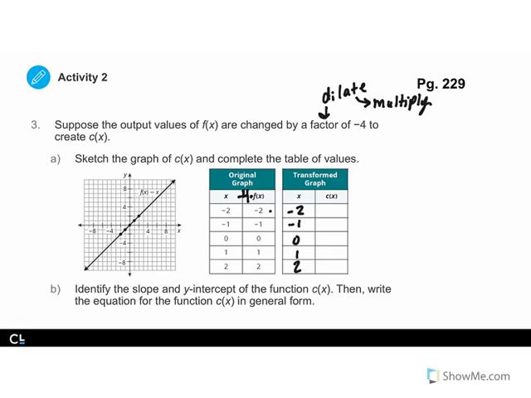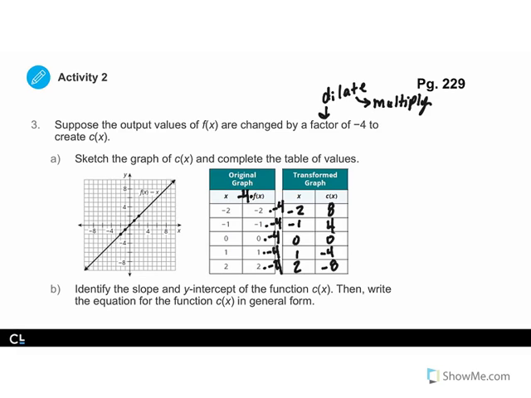So we're going to take -2 times -4, which is 8. -1 times -4, which is 4. 0 times -4, which is, whoa, not -4, 0. 1 times -4, which is -4. 2 times -4, which is -8.